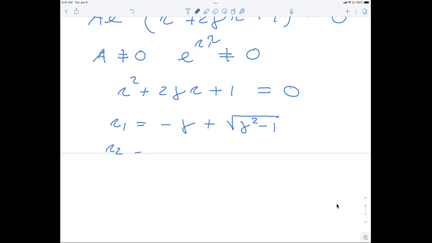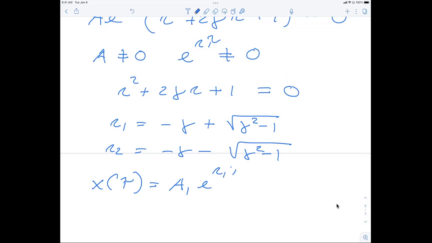And then I have an R2 here, which is minus gamma minus the square root of gamma squared minus 1. So the solution which we are getting, x of tau, is going to be equal to a1 e to the r1 tau, plus an a2 e to the r2 tau, because I have two values of r.